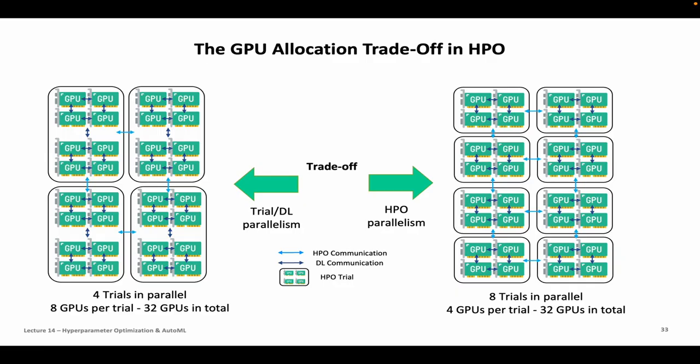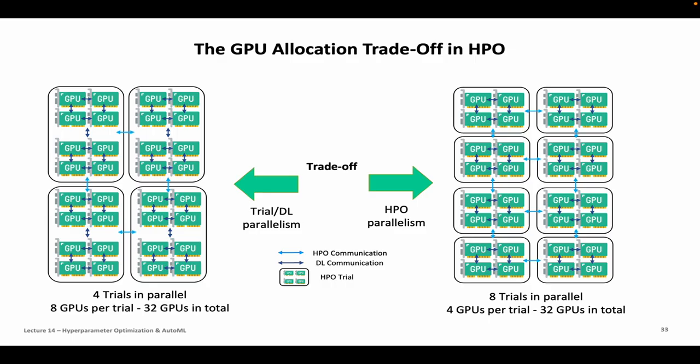And one of these choices is how to allocate your number of GPUs. So when you're training a machine learning model on a large data set, you usually want to use GPUs to do this. And let's say you have a different number of GPUs available, let's say 32 in total.